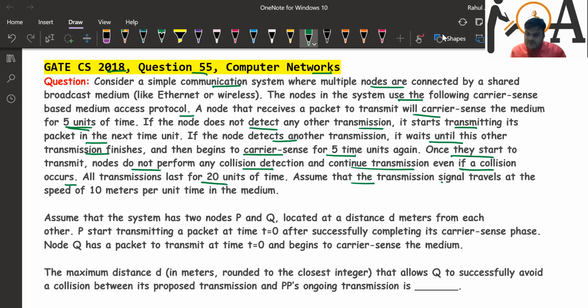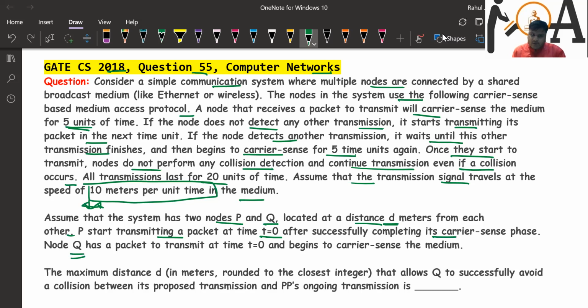Assume that the transmission signal travels at the speed of 10 meters per unit time. This is important data: 10 meters per unit time in the medium. Assume that the system has two nodes P and Q located at distance d meters from each other. P starts transmitting a packet at time t equals 0 after successfully completing its carrier sense phase.